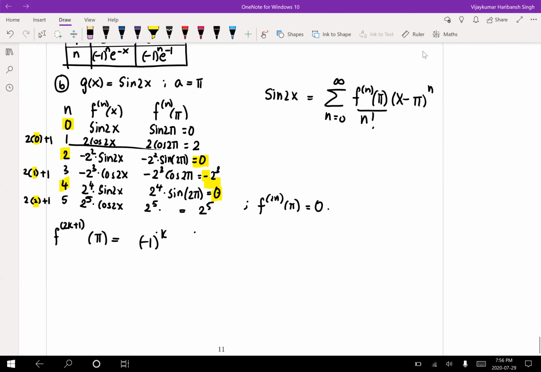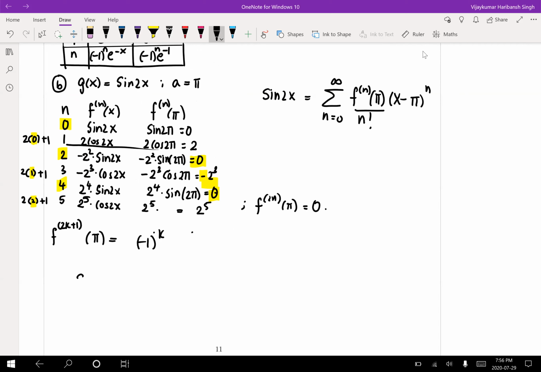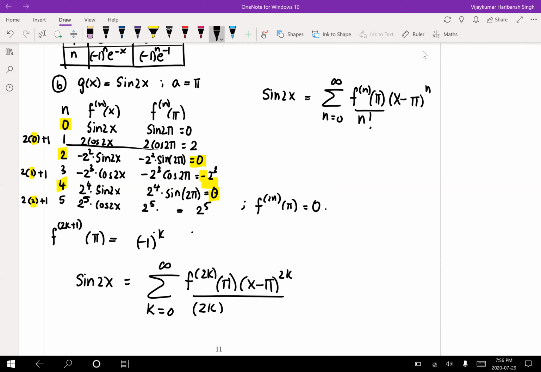So let's see. The sine 2x can be broken into two parts: k equals 0 to infinity, all the even parts, and then the odd parts.